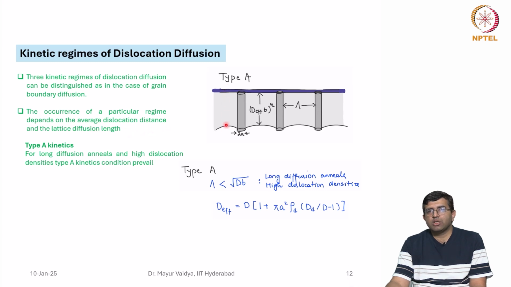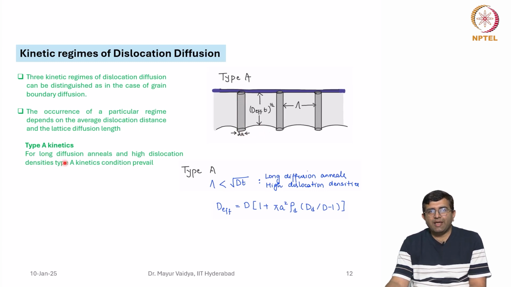That means how much lattice diffusion is happening inside the lattice, how much diffusion is happening through the dislocation, and what is the average spacing between them.